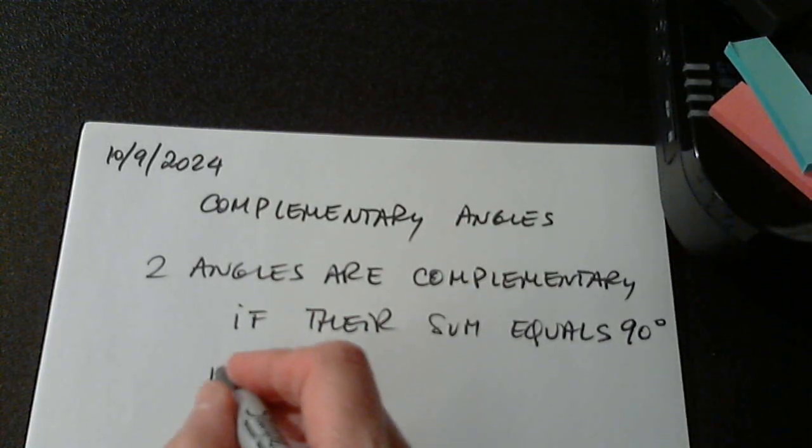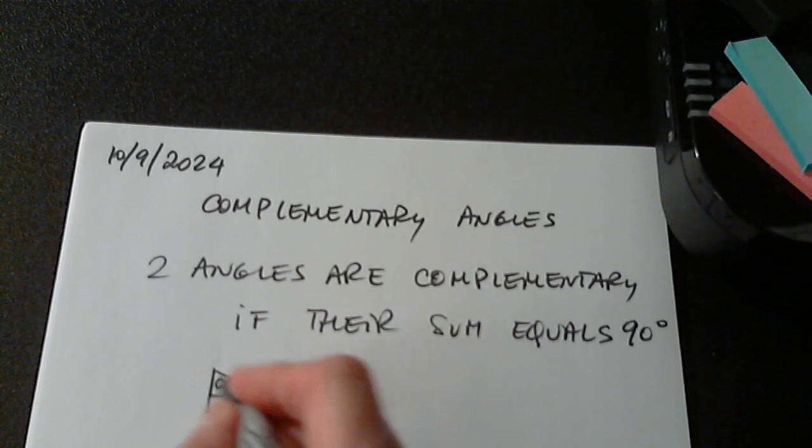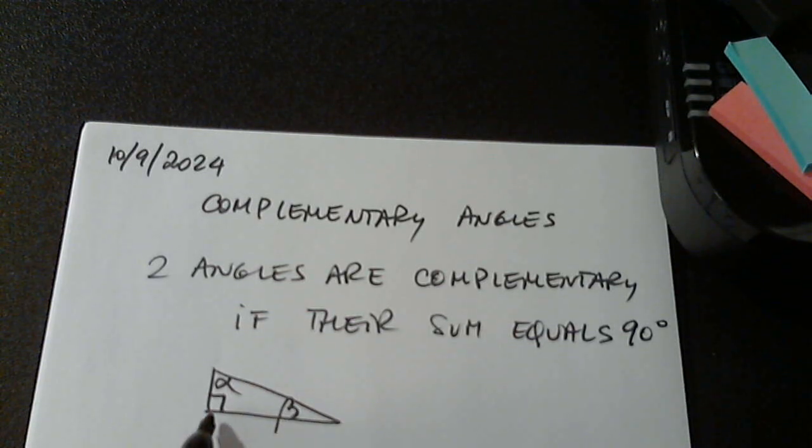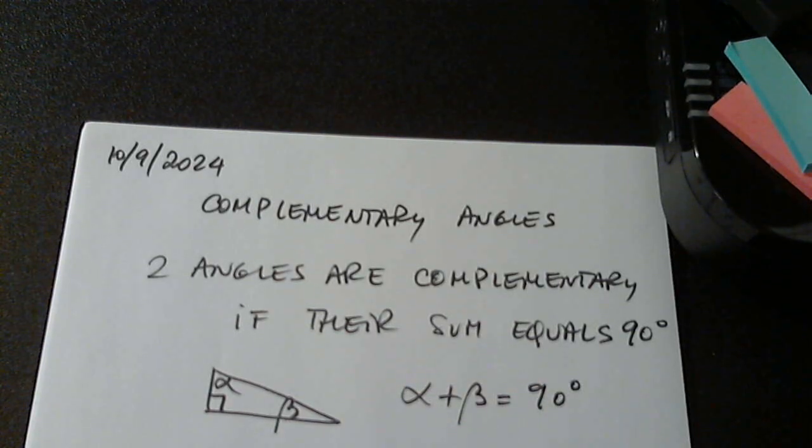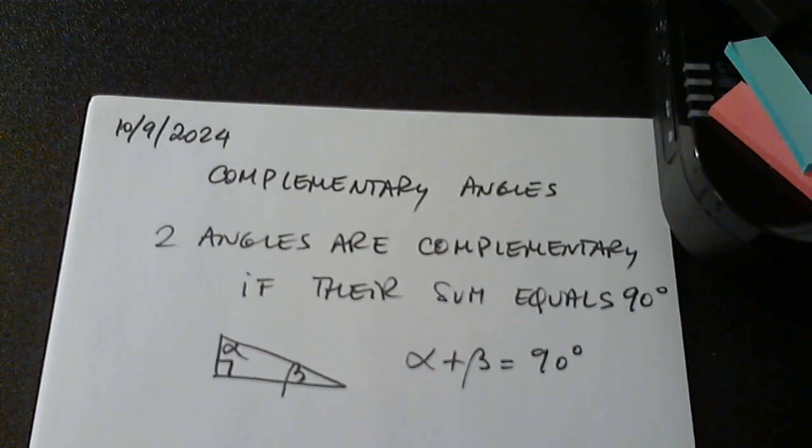So these two are complementary angles, alpha and beta, because this is a right triangle with a 90-degree angle here. So alpha plus beta are 90 degrees. So the sum of alpha plus beta is 90 degrees. Therefore, they are considered complementary angles.